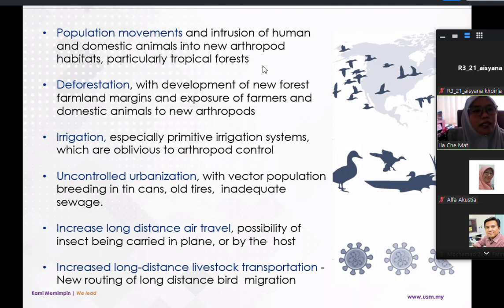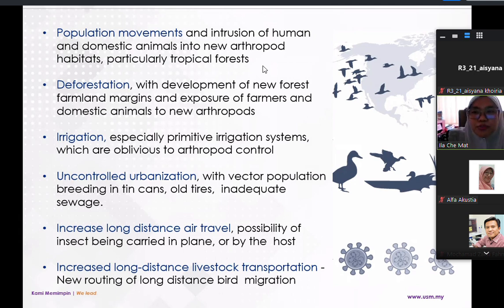Okay, and another one is uncontrolled urbanization. This one is more related to vector-associated diseases, for example dengue. Like the mosquito. For example, here it says breeding in cans and old tires, and so this gives a place for the production of mosquitoes, because the mosquito will have the virus, right?